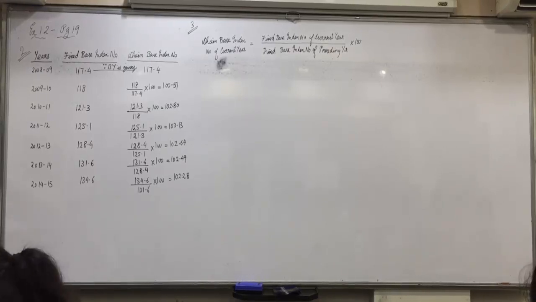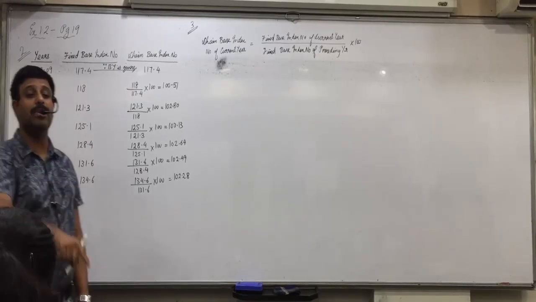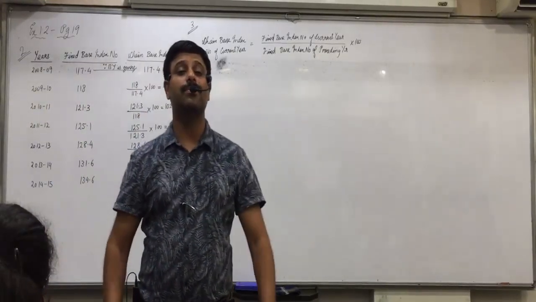Underline fixed base index numbers. So what are you given in the question? Fixed base index numbers. Underline compute the chain base index numbers, means you have to convert fixed base index numbers into chain base index numbers. Any doubt in this?